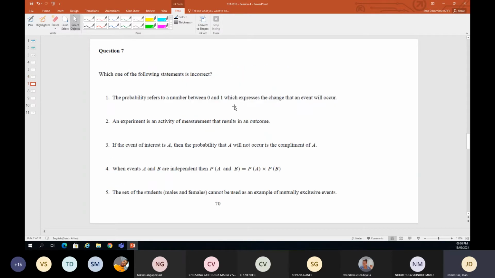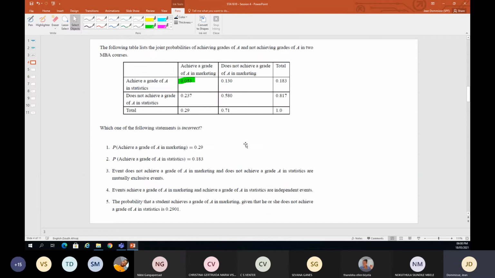So you can see there's different ways that they can ask it in your assignment and also in the exam. So this one, they already worked out the probability.